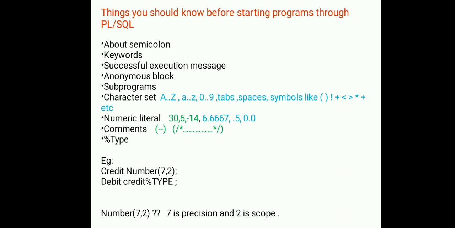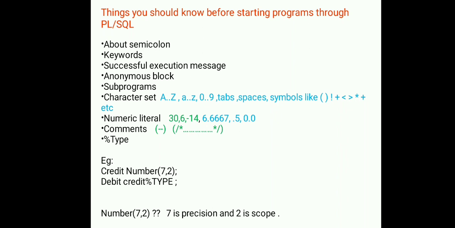In the next line I have written debit credit percent type. That means variables declared using percent type are treated like those declared using a data type specifier. So credit is having data type number and debit will have the same data type as credit, that is number 7 comma 2.